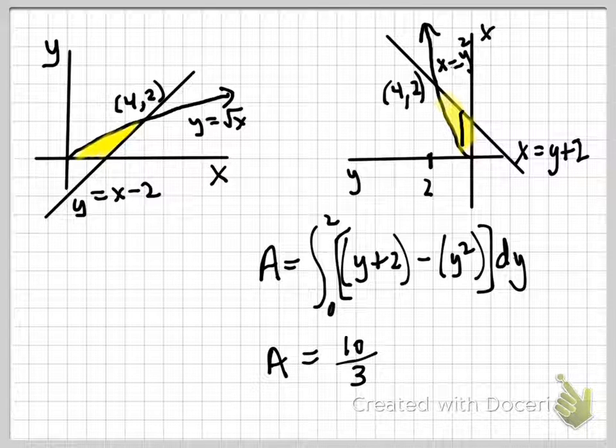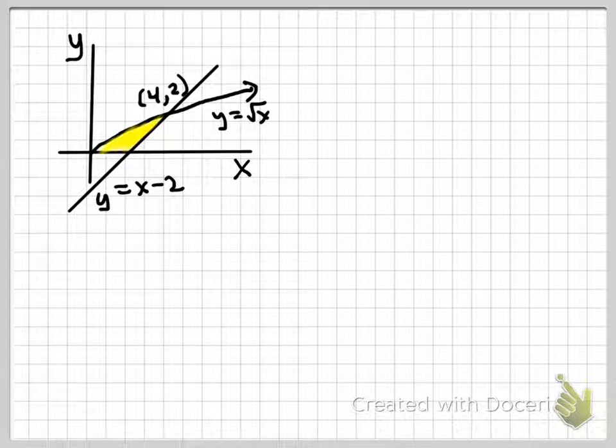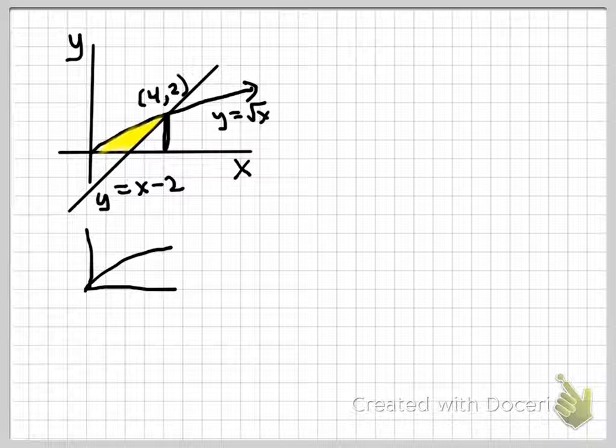Okay? And there is even still a third way to work this problem out. And that would be to look at the entire area underneath the curve y equals square root of x all the way up until that point. So we really have a region that looks kind of like, if these are our axes, it kind of looks like all of this, okay?